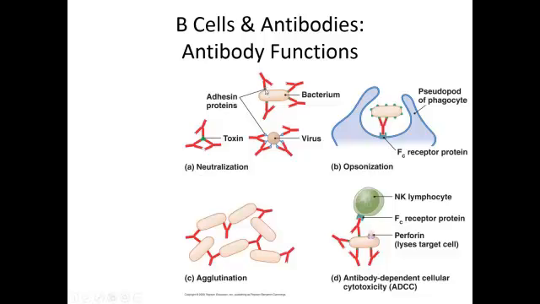If this antibody is specific for an adhesion protein on either a bacterium or a virus, it can cover that up and the bacterium or virus can't attach to its host cell. It neutralizes them. It can also attach to a toxin and do the same thing, covering up an active site, covering up the effective portion of the toxin that causes whatever effect the toxin has.